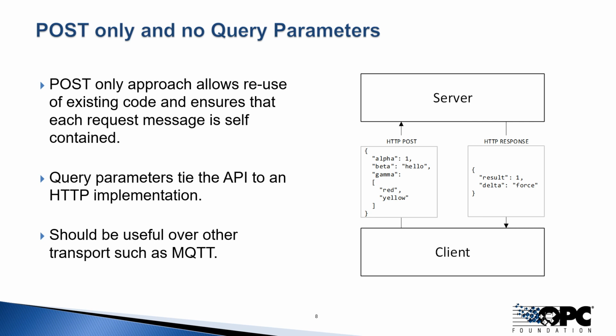So while 99% of people out there will likely want to use HTTP to implement this communication, it will be possible to use it with other transports such as MQTT or Kafka or any other kind of IT infrastructure where you just need to be able to send a message and eventually get a response back. For all those reasons, it seems logical to limit our design to POST.